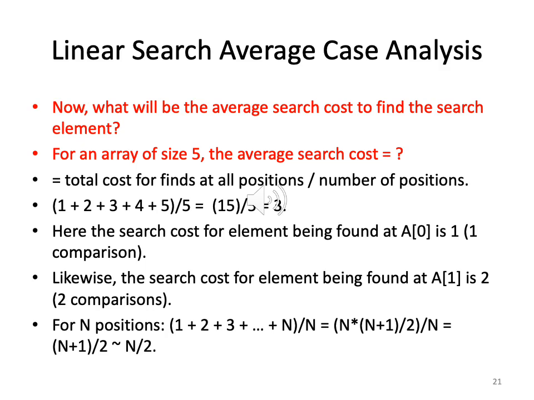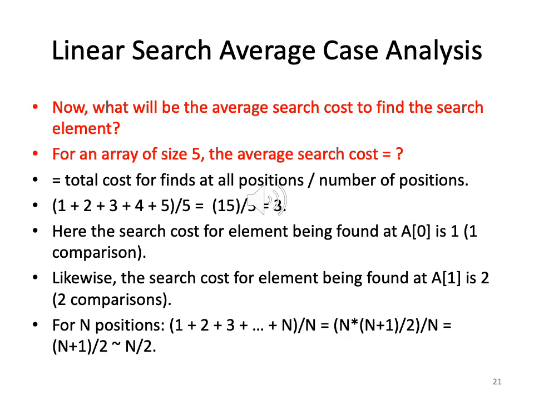So search cost for element being found at A0 is 1, at A1 is 2, and likewise at A4 is 5. Then you divide by number of positions, 5. So now your average number of comparisons is 3.